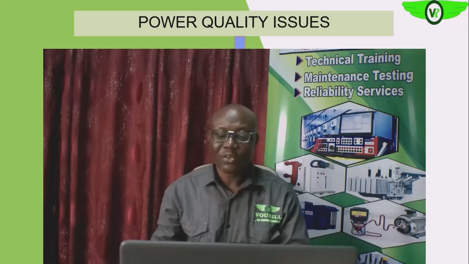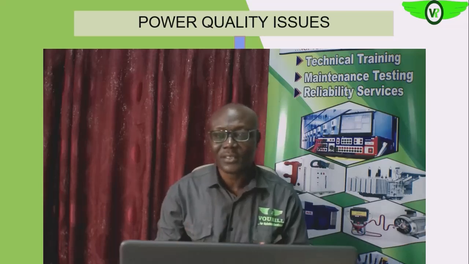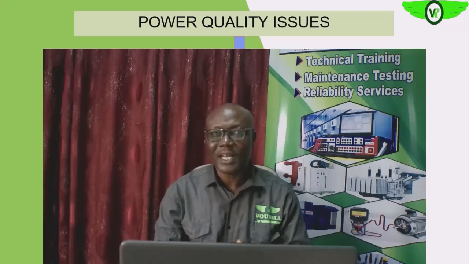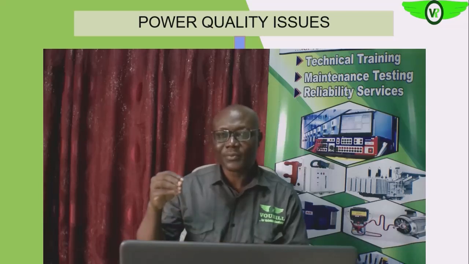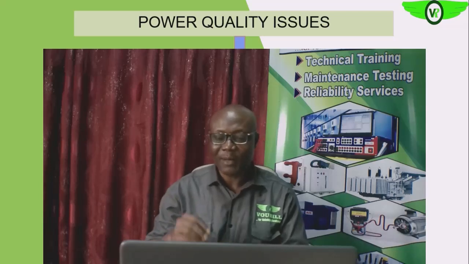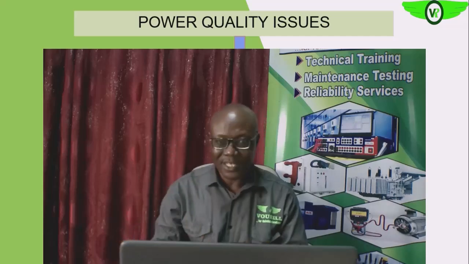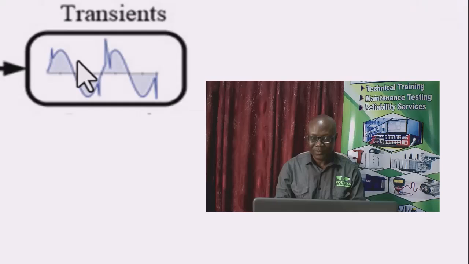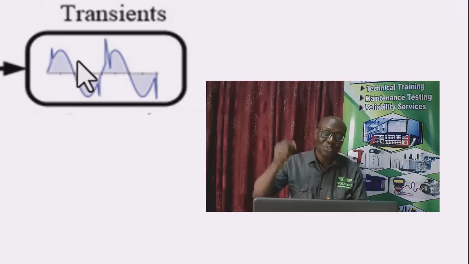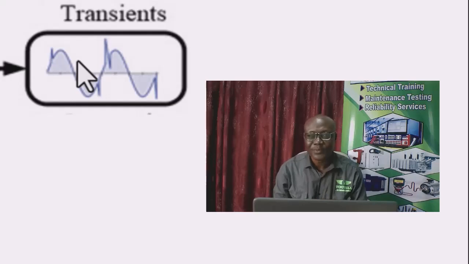So the next that we are going to look at is transients. Transients are basically introduced by lightning. They usually appear as spikes in our voltage signal or waveform. You see that the spike will overshoot the limit; they are usually very, very high.